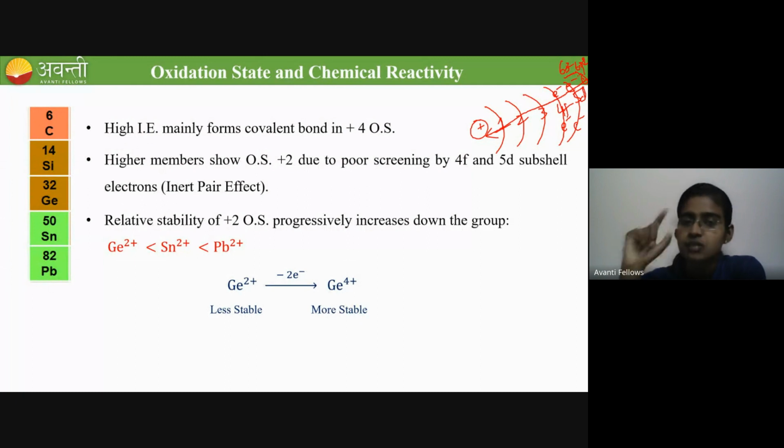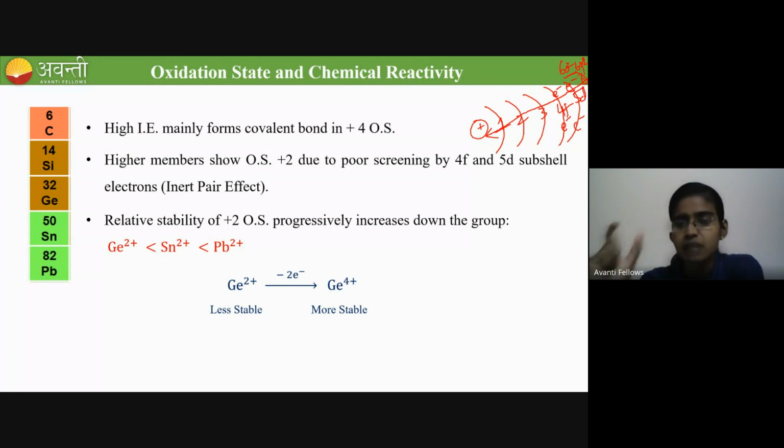So if germanium 2+ wants to become 4+, what does it have to do? It has to lose 2 electrons. Already it has lost 2 electrons and is existing as germanium 2+. But this is less stable compared to 4+. So it again loses its 2 electrons and becomes 4+ and stable.